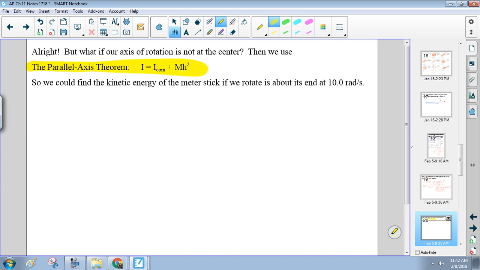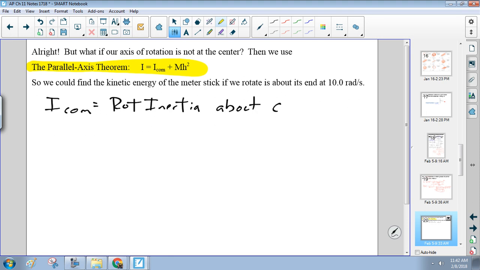So it turns out that if you know an object's rotational inertia about the center of mass, in other words, so that your pivot point runs right through the center of mass, then you can find the rotational inertia around any other point.